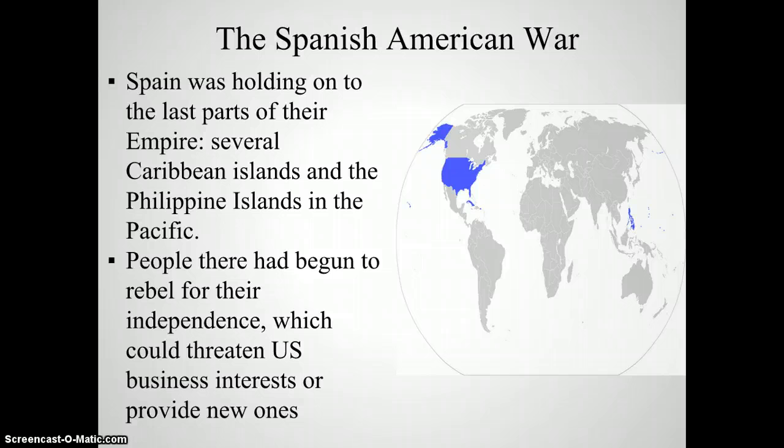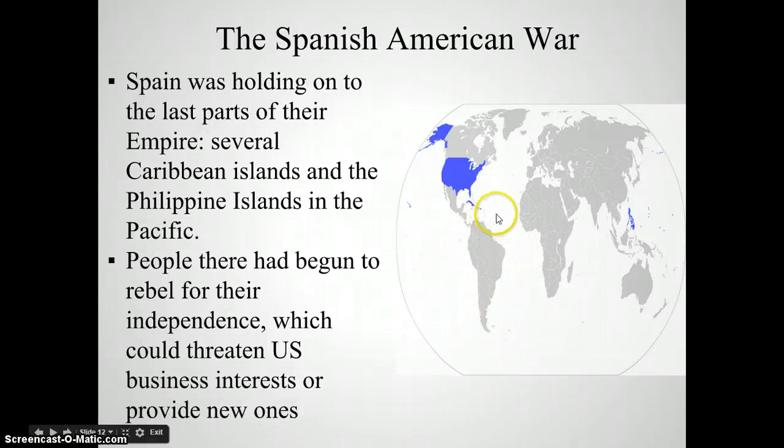The rest of the empire will be gained through a series of events under the biggest event of the Spanish-American War. Spain at one point in history had a very large empire. Coming into the late 1800s, that empire has dwindled considerably. The territories that were held in South America have become independent mostly.